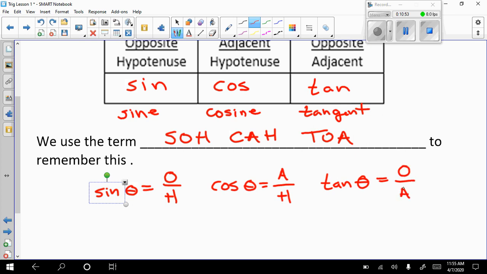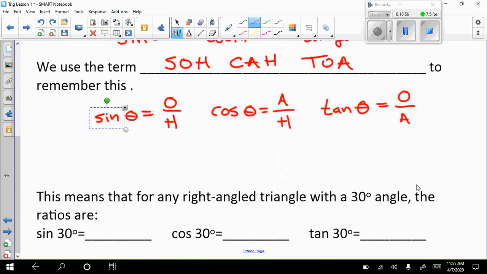So SOHCAHTOA. Now, interestingly, this means that for any right-angled triangle with a 30-degree angle, sine of 30 degrees is going to be equal to 0.5, cos of 30 degrees is approximately 0.9, and tan of 30 degrees is approximately 0.6. So that ratio will always hold when there's a right-angle triangle with an angle of 30 degrees.